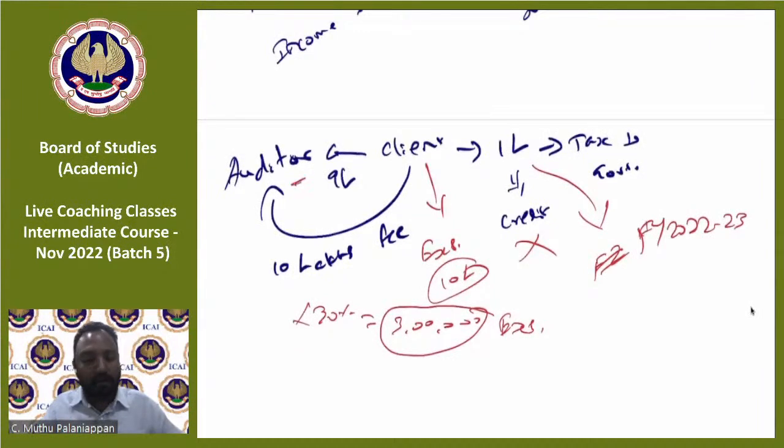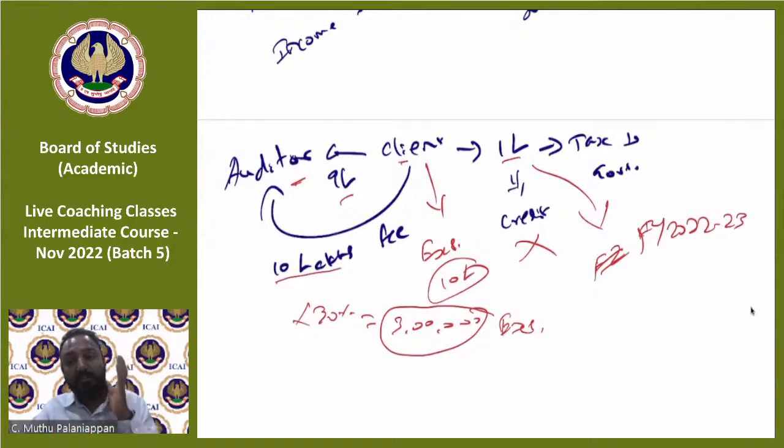Let's say I am the auditor, and a client is supposed to give me 10 lakhs. He will give me 9 lakhs and pay 1 lakh to the government as tax on behalf of me, under my name. I will take this as credit at a later point in time. So this concept is called TDS. This is applicable for various transactions: contract, professional fees, rent, commission, and all those things.